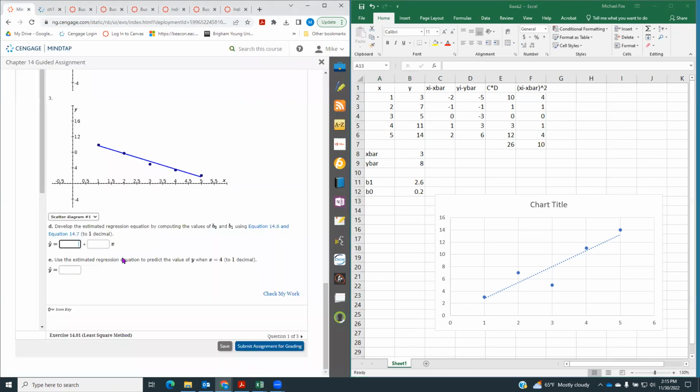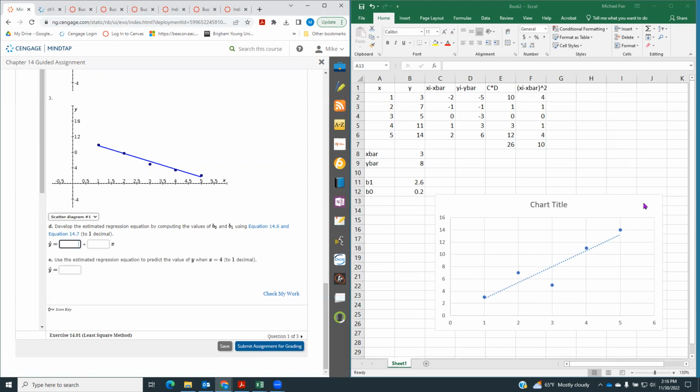Oh, and then I was going to show you the easy way to do it too. So that was the hard way, right, to find out these values.